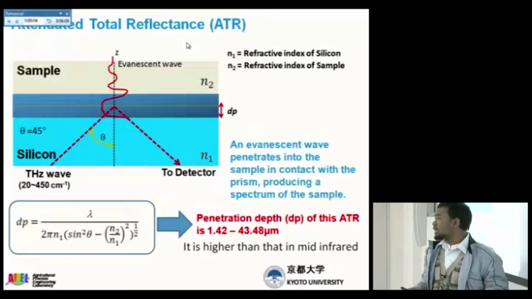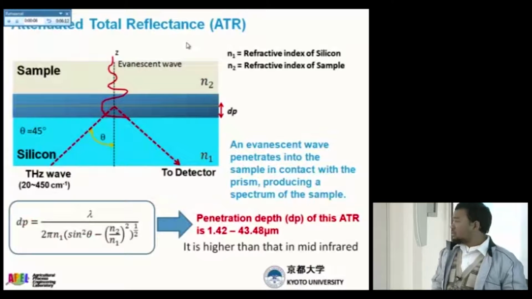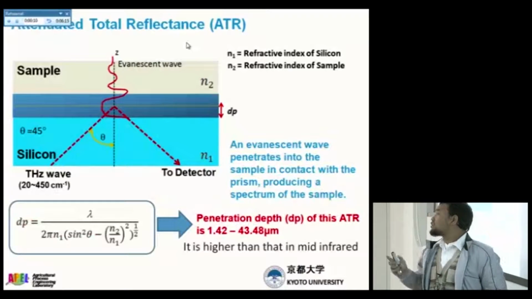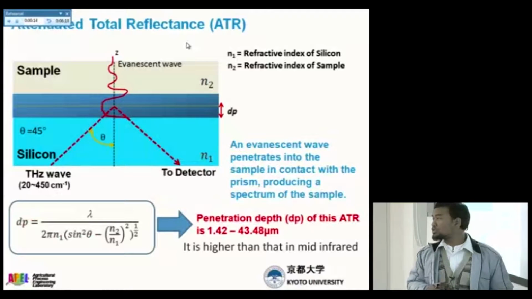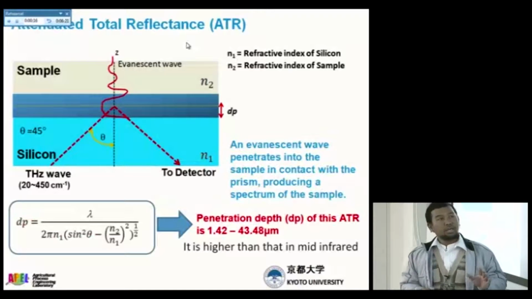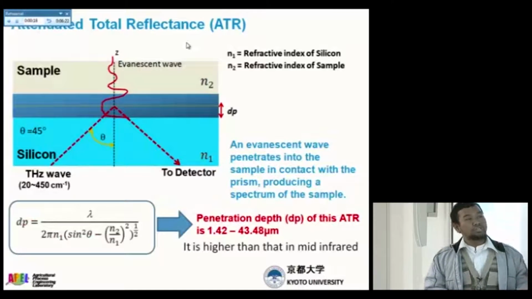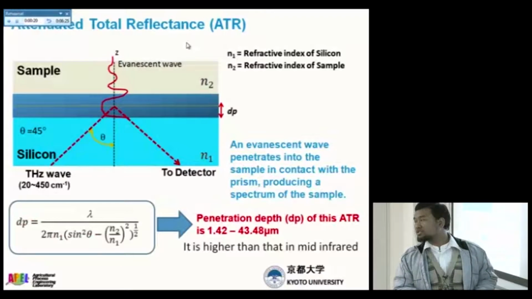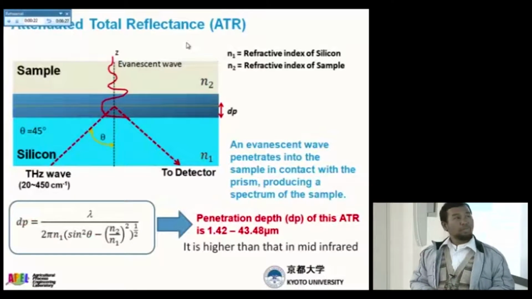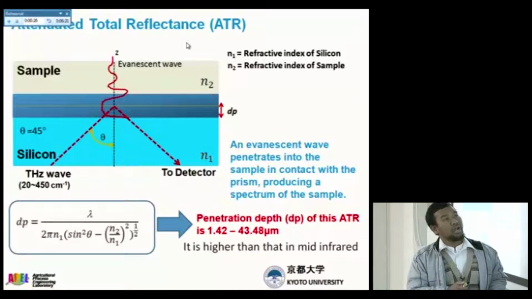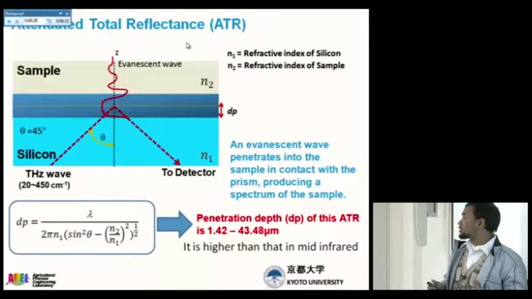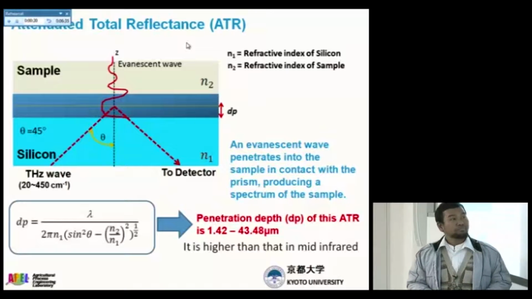And then, why do we use ATR instead of, for example, transmittance methods? Because it is very difficult to obtain spectral information of solution samples in the terahertz region, because water has very strong absorbance. So that's why we use attenuated total reflectance, or ATR, instead of using the transmittance method.